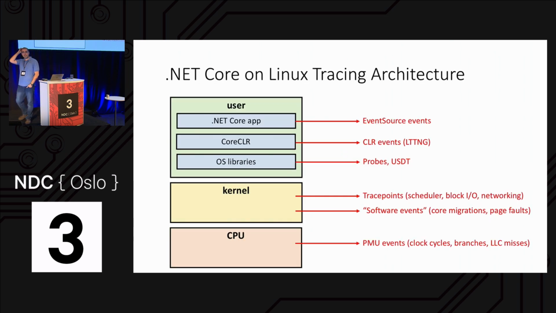So here are some of those things that we might be able to trace and look into. Some of these are coming from the actual .NET Core and the CLR and the .NET Framework, and some of these are coming from the underlying operating system because we are talking again about Linux. So some specifics.